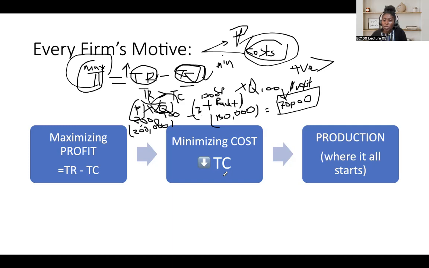For us to understand costs, we have to start with production. Production is where it all starts. Before we see goods in the market or in the shop, we want to see how they got here. So what is production?